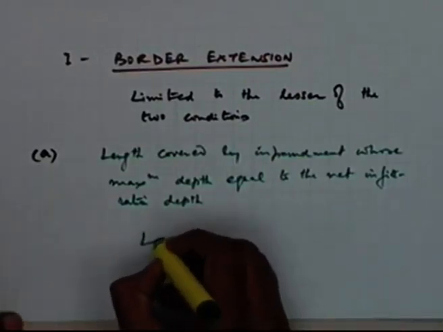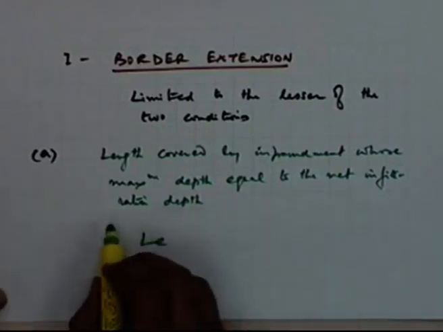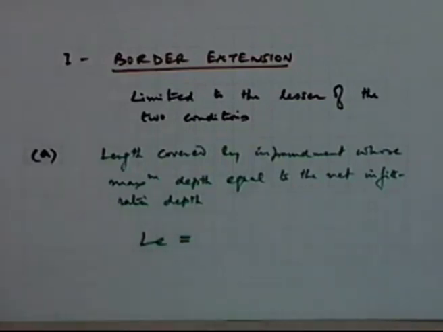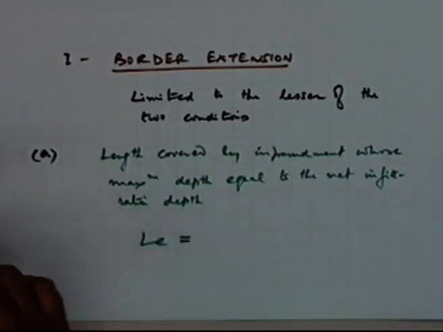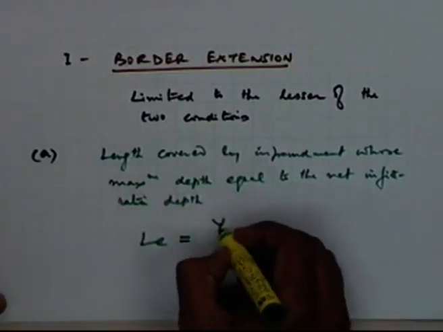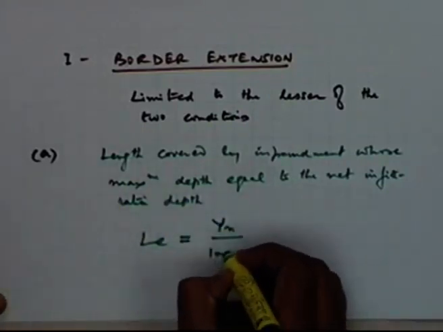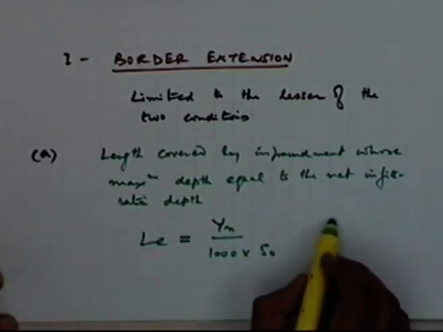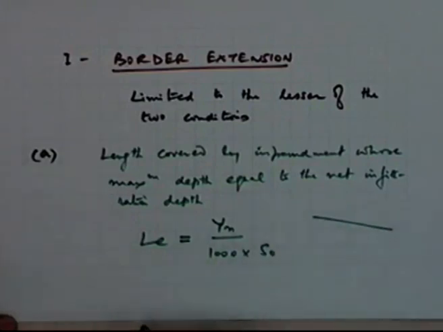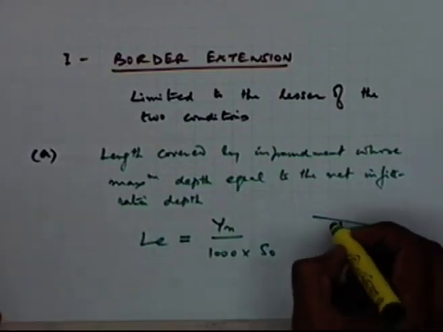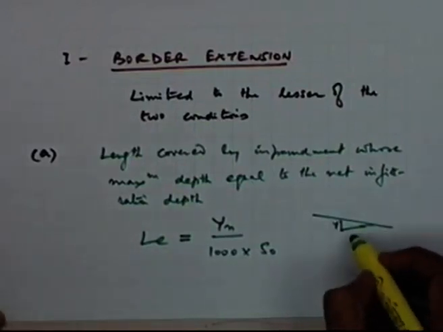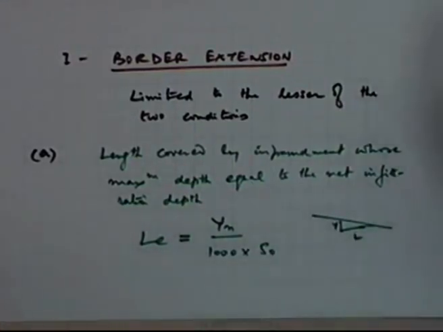What we are saying is that the equivalent length, or the length which has to be increased, in that case will be equal to yn by S naught. Basically, if there is the slope, this is the slope of the area, and if we know what is the yn, up to which length will be the equivalent length up to which it can be absorbed.